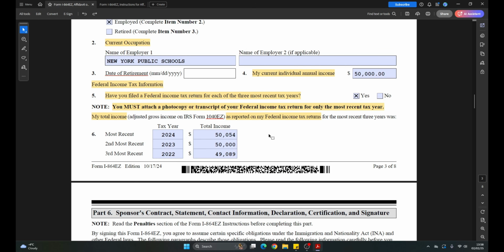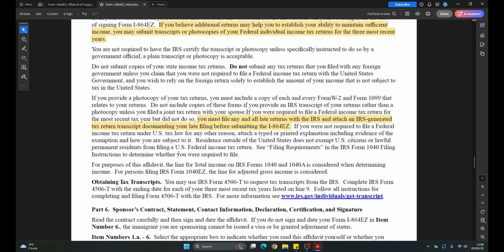If you are sending tax return transcripts, they do technically say in the instructions that you do not have to include copies of your W-2s, and you only need to do it if you're sending your regular 1040 tax form.